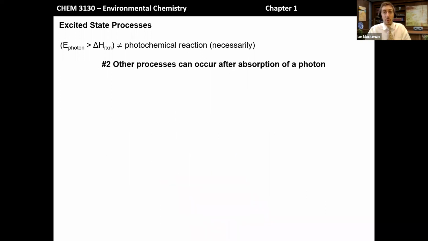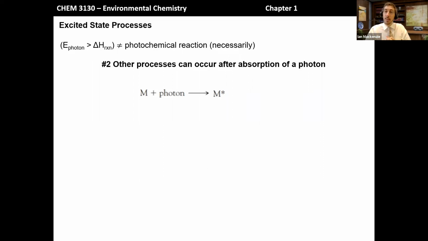There are other reasons, though, why just shining a light that has sufficient energy may not produce the desired photochemical reaction. After absorbing the photon of light, there are multiple pathways the molecule can go down, or multiple ways that it can release the extra energy you've put into the system. If M is my generic molecule and you shine light on it, it absorbs a photon of light.